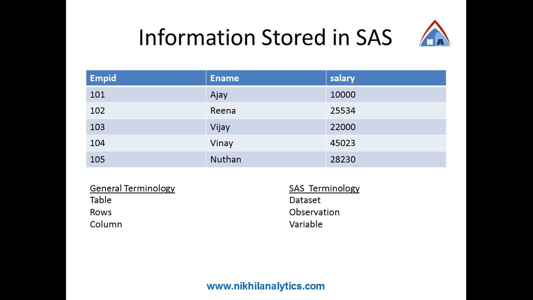At the bottom of the PPT page, I am giving general terminologies and SAS terminologies. In general terminology, a table is known as a data set. So whenever we see a table, we say it is a data set. Rows are known as observations, and columns are known as variables.